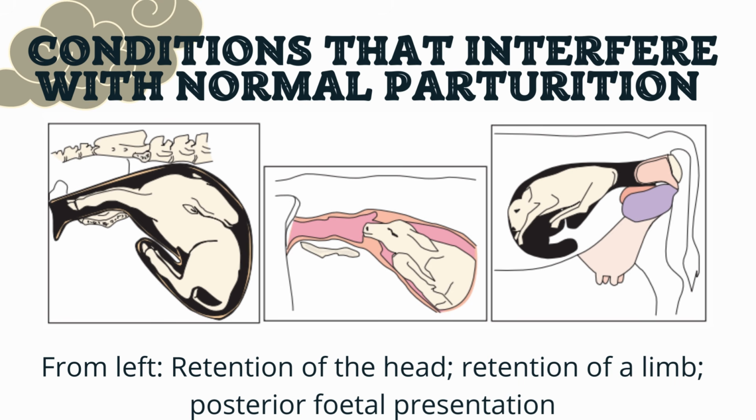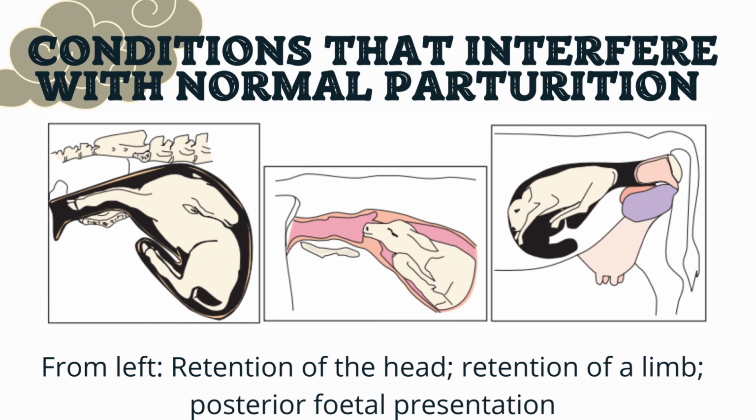Again, on this one, the head is in front, but there is an issue with the limbs. With the last presentation, the calf is facing the opposite direction. It's supposed to face the direction of the pelvis so that it can come out. I hope this makes sense.